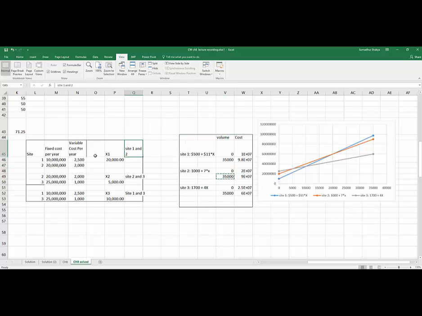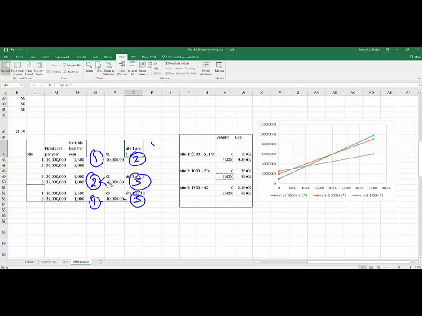If you try to stick with only the mathematical side, wherein this one tells that anything less than this, site 1 is better, anything beyond this, site 2 is better, anything less than 5,000, 2 is better, anything greater than 5,000, 3 is better, anything less than 3, 1 is better, 3 is better, right?